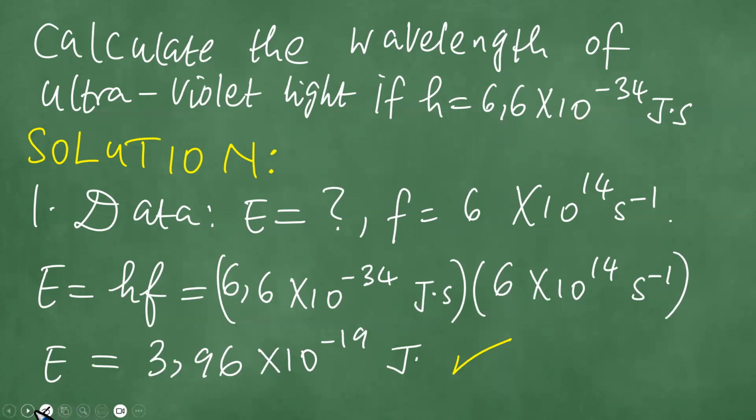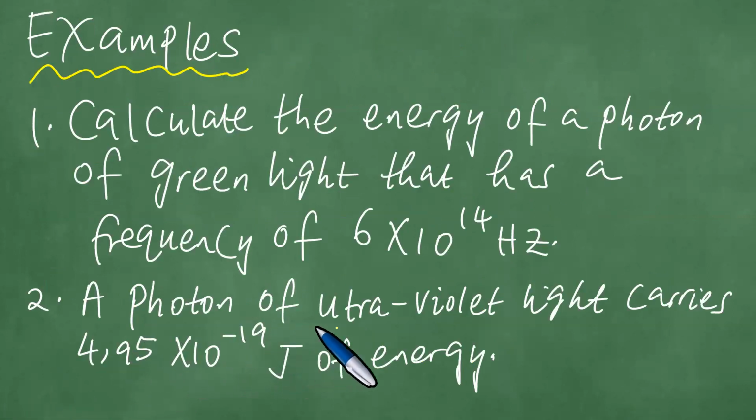The next question says that a photon of ultraviolet light carries 4,95 times 10 to the minus 19 joules of energy. So we write down some data first.